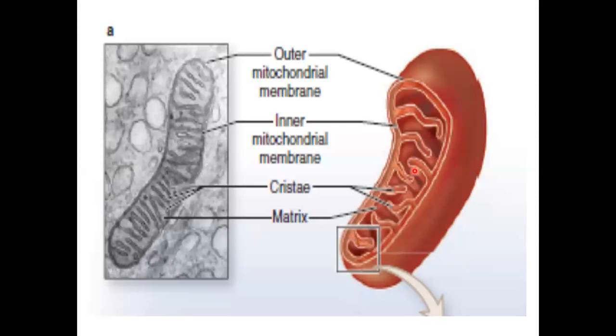Then the space between the outer membrane and inner membrane is what we call the matrix. Matrix is the space between the two membranes. Then the folds are what we call cristae.